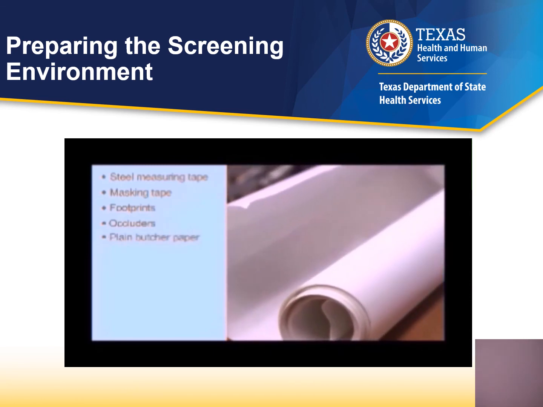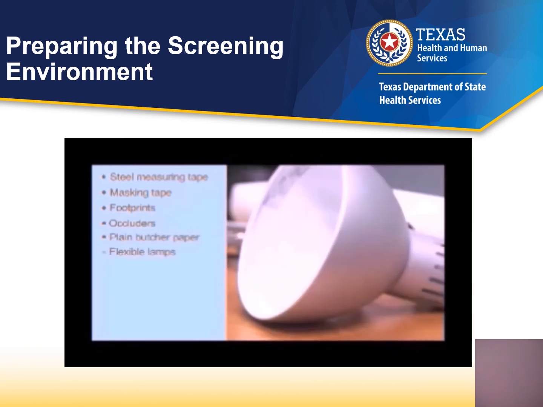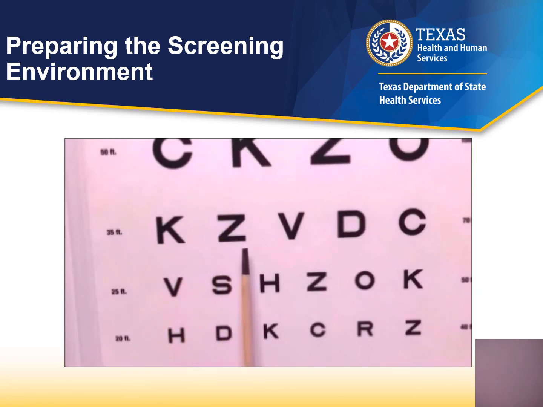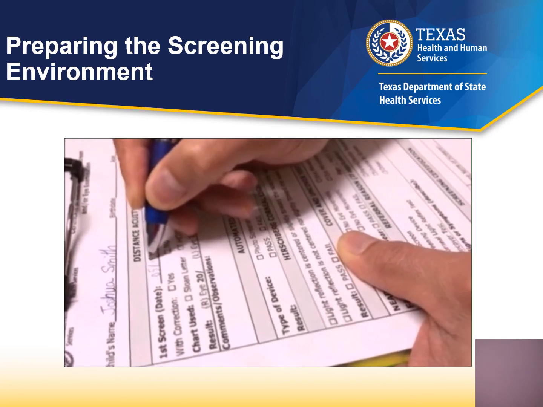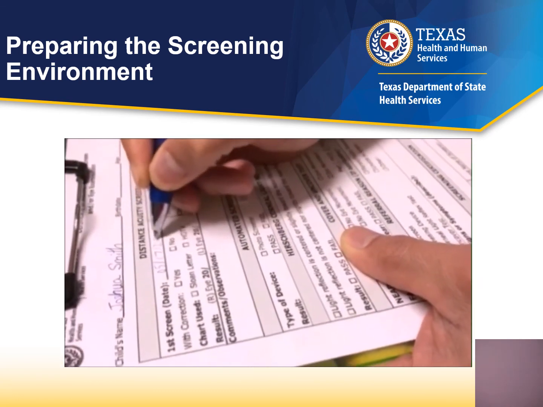Plain butcher paper to provide an uncluttered background. Flexible lamps with 60-watt frosted bulbs to light the chart. Pointers. These can be purchased or made from a dowel, small rod, or chopstick. Avoid using a pen or your finger as a pointer. Copies of the screening record forms. These can be found in the appendix of your vision screening manual.